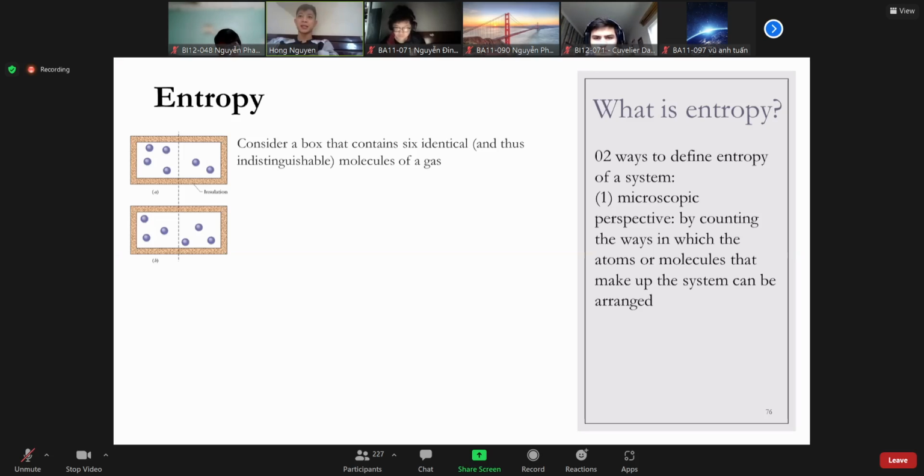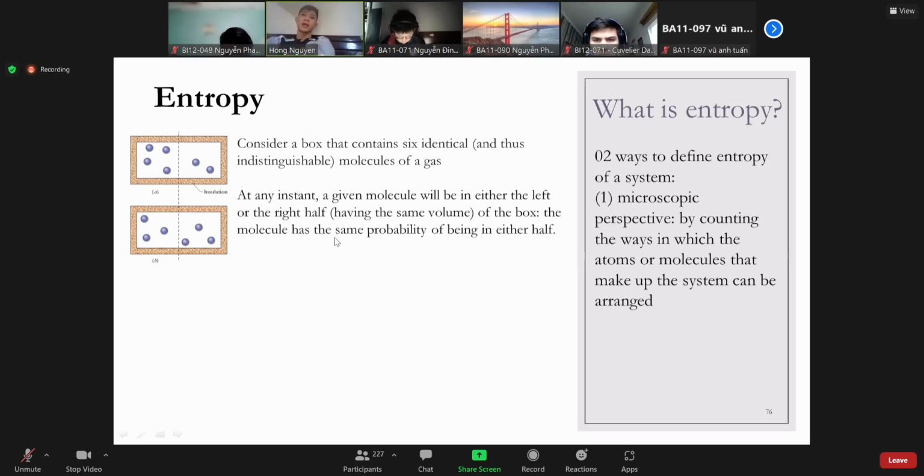These 6 molecules are identical, so we cannot distinguish them. You understand here? We cannot distinguish. And at any instant, a given molecule will be either in the left or in the right of the box. The 2 halves have the same volume.